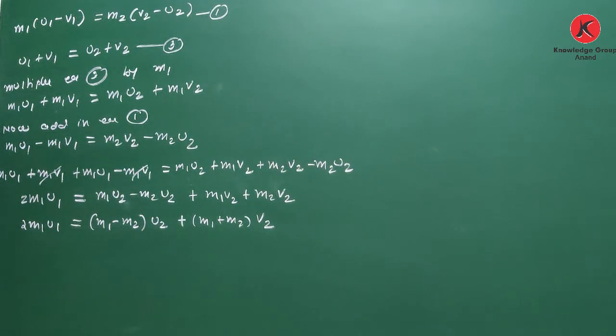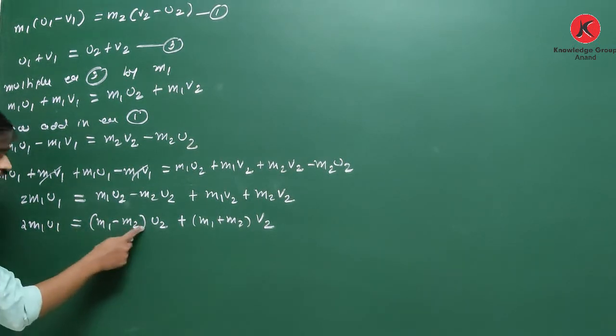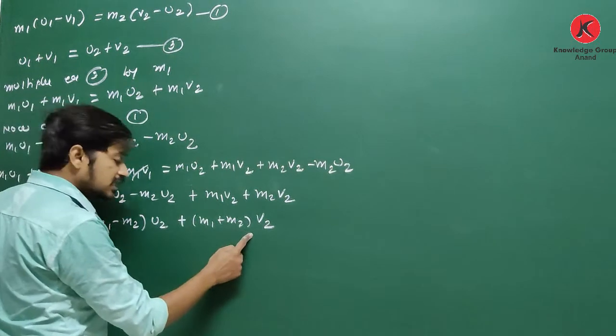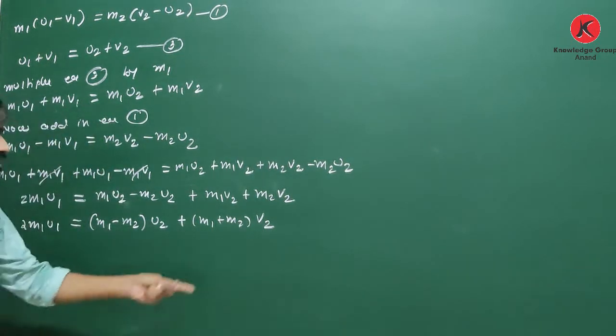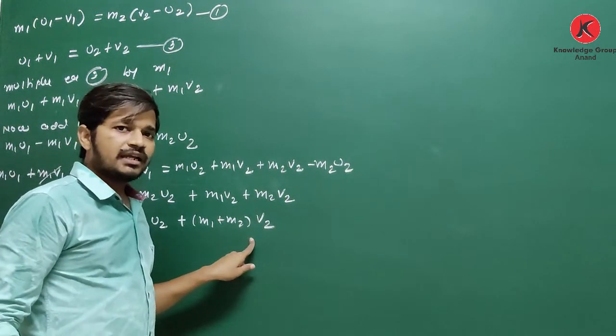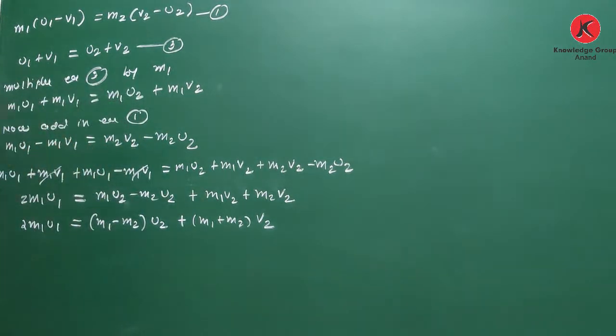Clear about this? Now as I want to find only v1 and v2, and as I want to find only v2, how to write this? See, I can divide this equation by m1 plus m2.